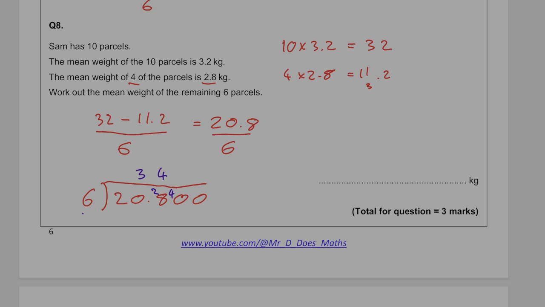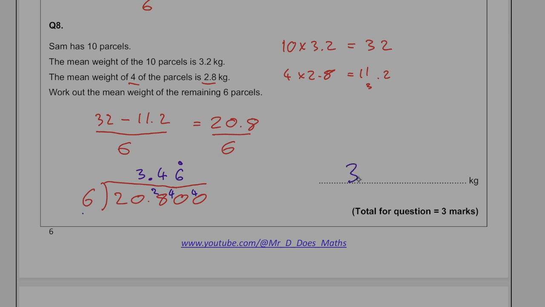And then 6 goes into 48 fully 6 times with 4 remainder. So we're going to have this recurring pattern here, decimal point there. So the mean weight, I'm going to go 3.47, and rather than write 6 recurring, I'm going to go 2 decimal places, one more than the question.